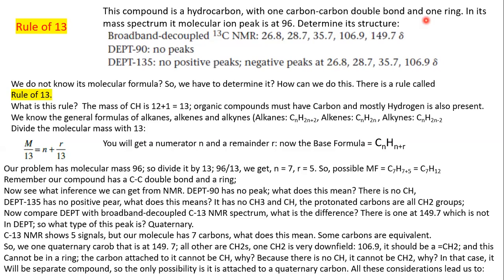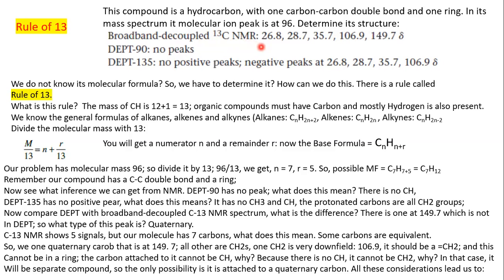Now, broadband decoupled C13 NMR spectrum is also given. What is a broadband decoupled C13 spectrum? Broadband means just the normal C13 spectrum. Okay, and DEPT 90 is also given, and DEPT 135 is also given. So this is the broadband decoupled C13 NMR spectrum.